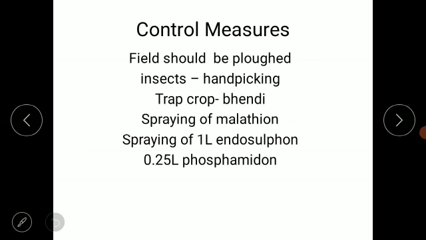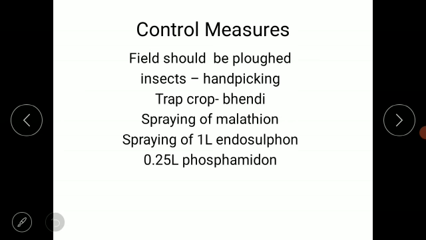When we plow the field, automatically the eggs are exposed directly to the sunlight, which possesses UV rays, and those UV rays are responsible for killing the embryo inside the egg, or due to desiccation the embryo dies within the eggs when they are exposed directly to the sunlight. So this is the first and the simplest method, plowing of the cotton field.